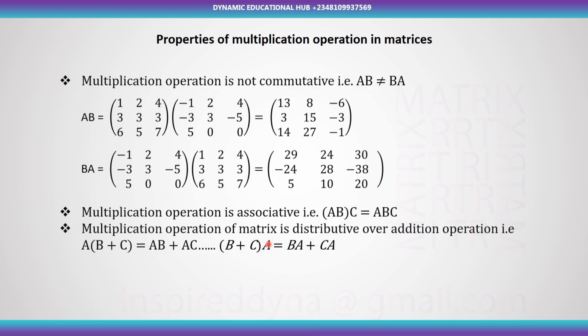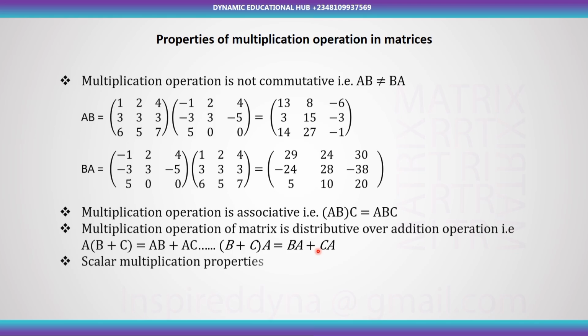For B plus C with your A outside, it is going to be a different game. You use your B to multiply A, BA, and use your C to multiply A. That gives us BA plus CA. That is multiplication operation of matrix is distributive over addition operation. The same thing goes with subtraction operation.